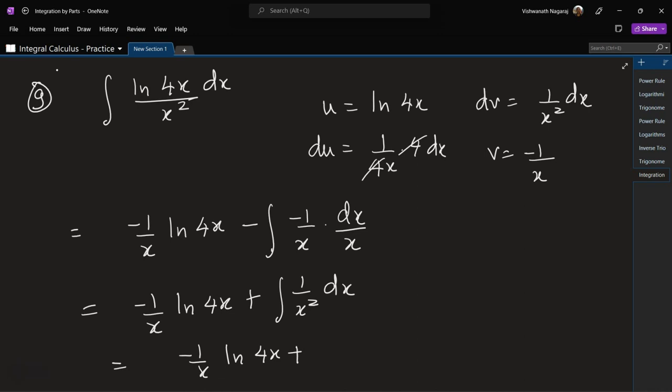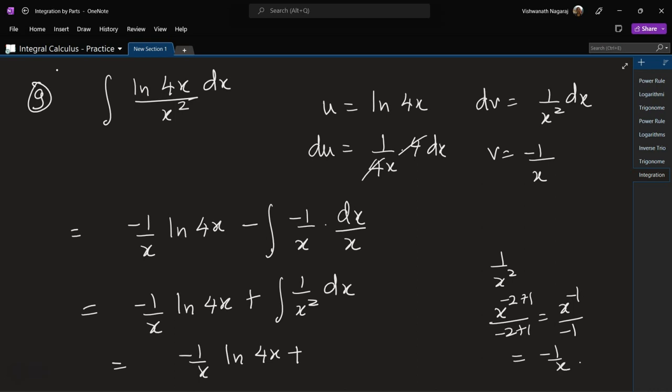plus, if we integrate it, we get 1 by x square, so x to the power of minus 2 plus 1 by minus 2 plus 1, which is x to the power of minus 1 by minus 1, which gives us minus 1 by x.